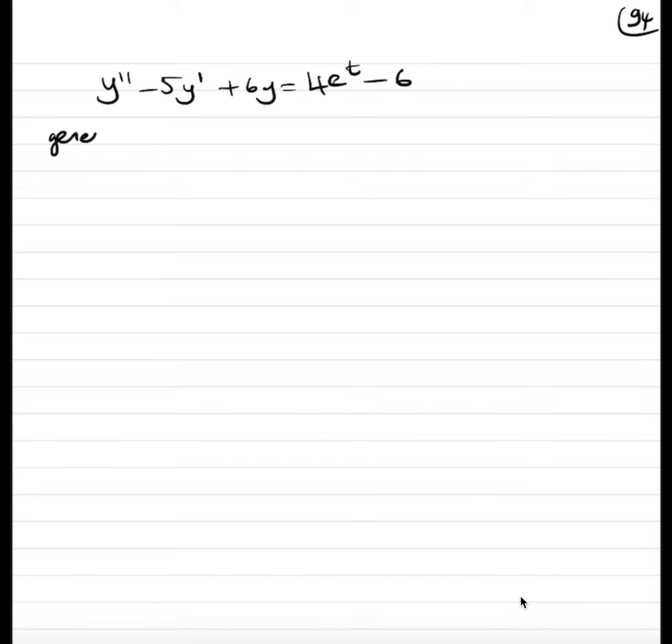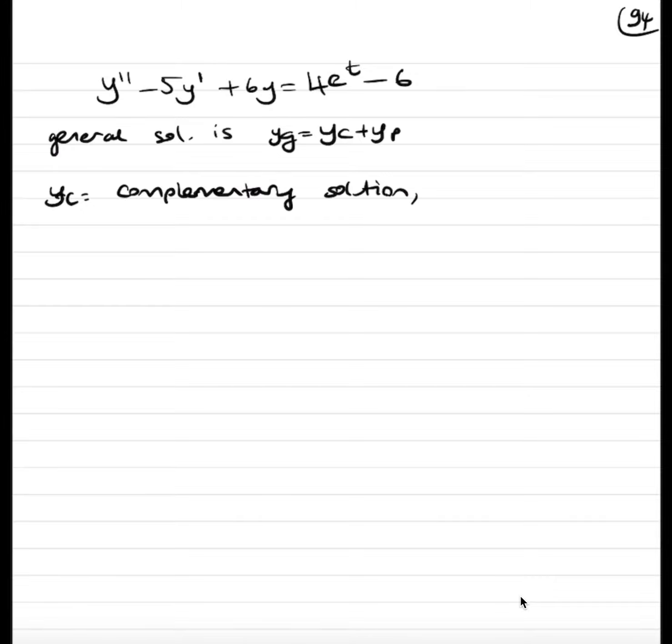So we know that general solution is of the form y complementary plus y particular. So what is the y complementary? So this is the complementary solution. It is the solution of corresponding homogeneous part.